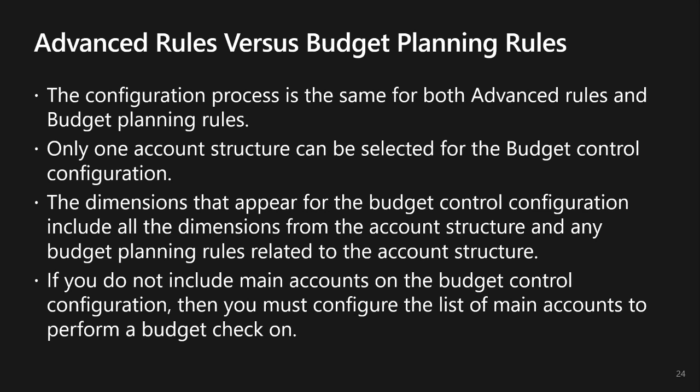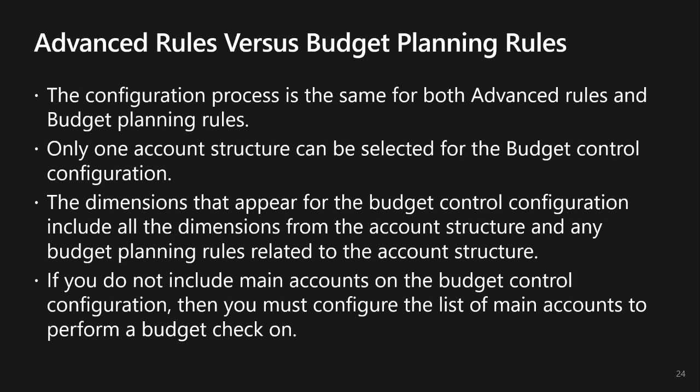Another important thing to note about your budget planning rules is that if you do not include main accounts on the budget control configuration, you select main accounts. If you choose not to include main accounts, then you're going to manually select which main accounts to perform a budget check on.